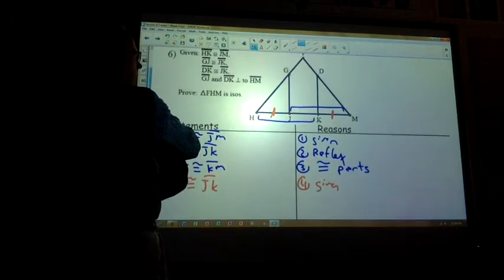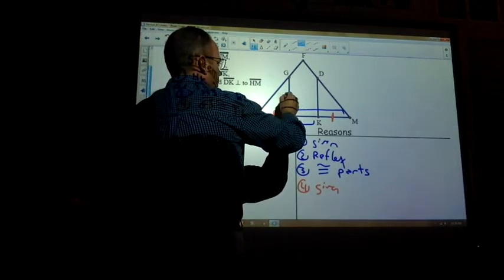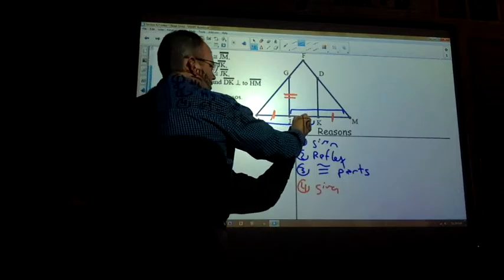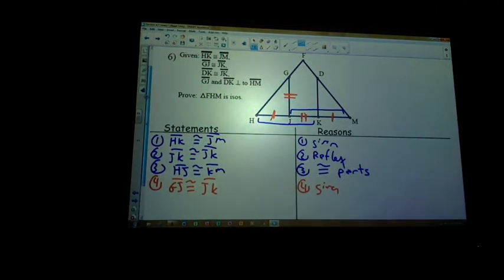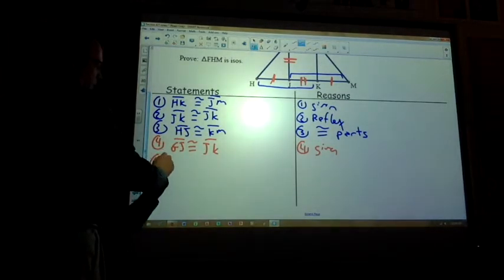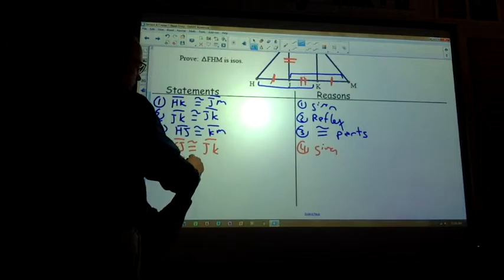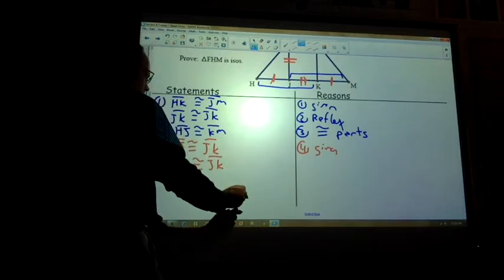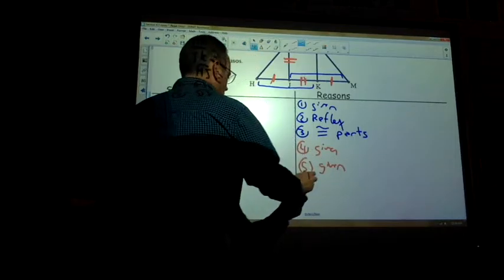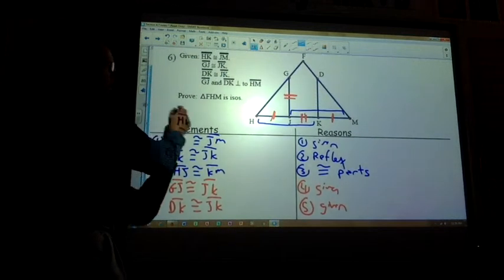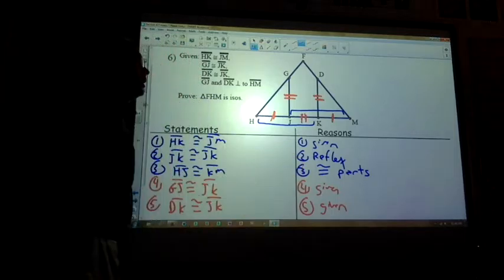But that's kind of a weird one. It's like GJ, so it's this, right? And JK is this. Okay. Oh, and then DK and JK. So DK is congruent to JK because that's also given. And what can we conclude off of that?